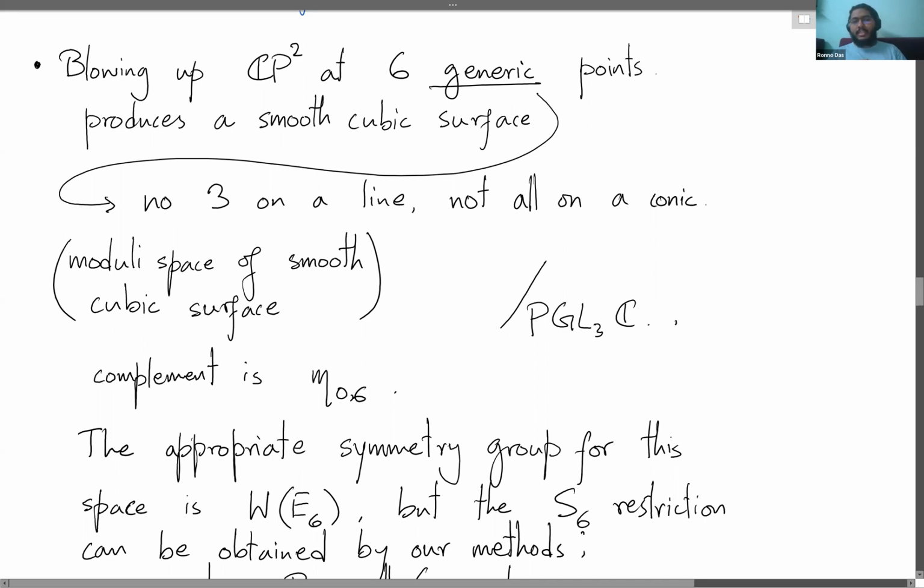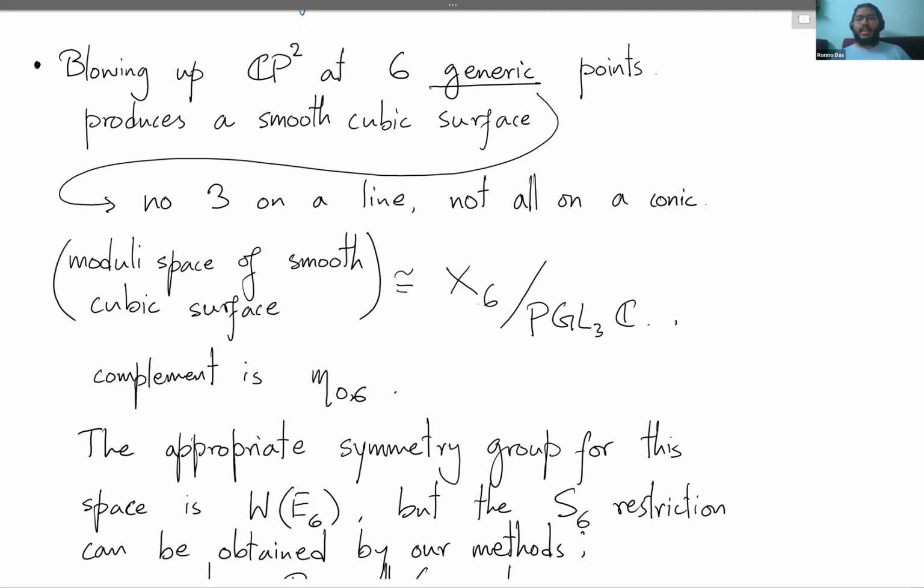One of the reasons is that if you blow up your plane at those 6 points, you get a smooth cubic surface, and conversely, every smooth cubic surface you get this way. So this should be equivalent to x6 mod PGL3. The moduli space of smooth cubic surfaces is the same as F6, our quotient of x6 by the symmetries of the plane.